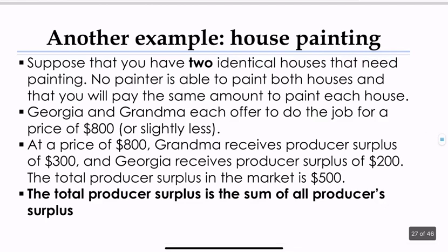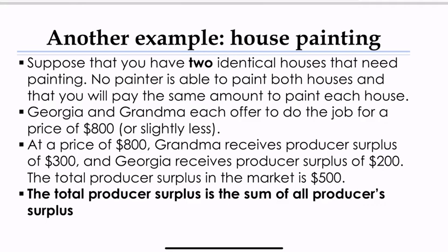Now let's assume we have a slightly complicated case. So here, let's say you have 2 identical houses and you want some painting done for these 2 houses, right? And let's say you want to offer this job to different painters.